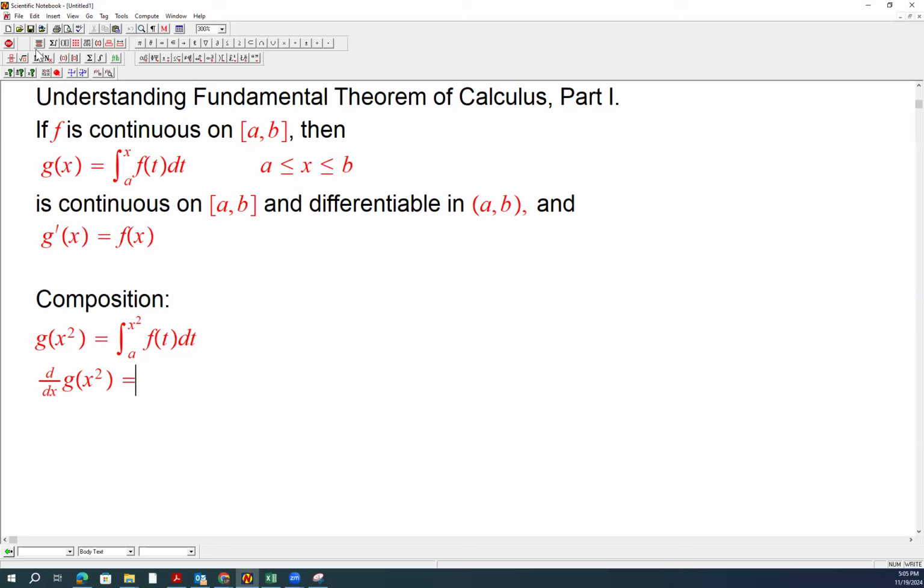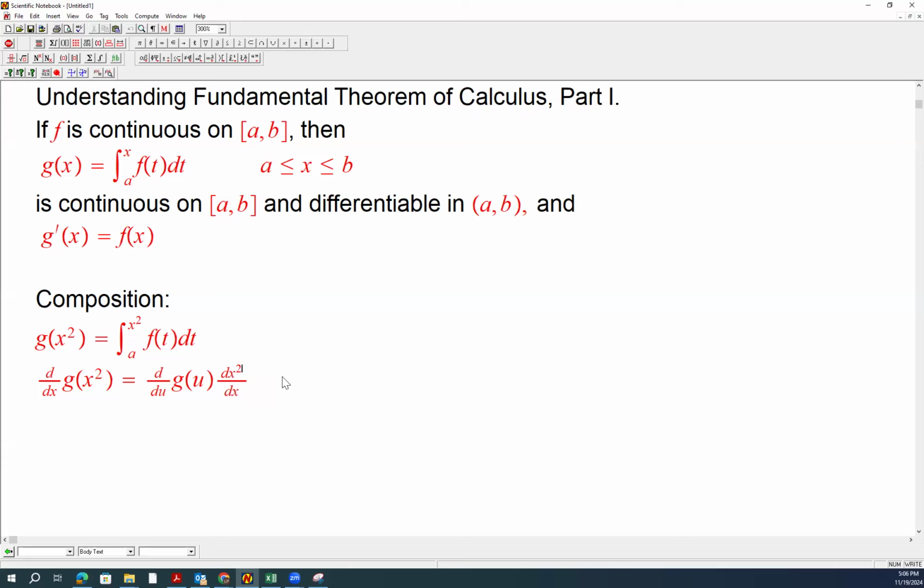Applying the chain rule, we have the derivative dg of u du, and then du dx. And we know that u is x squared.